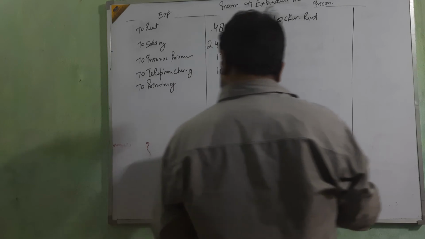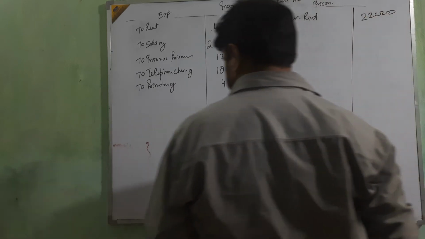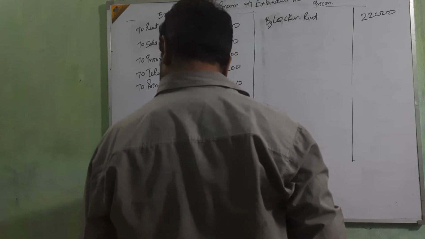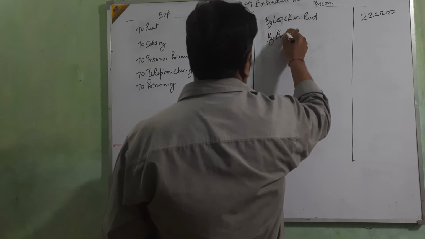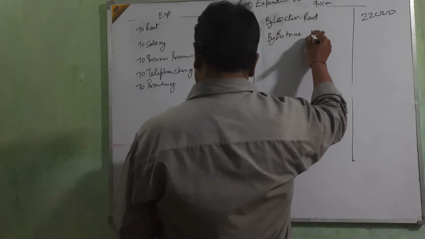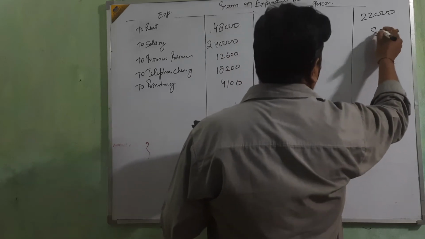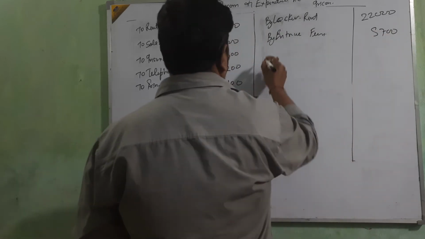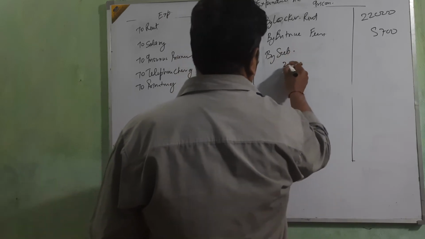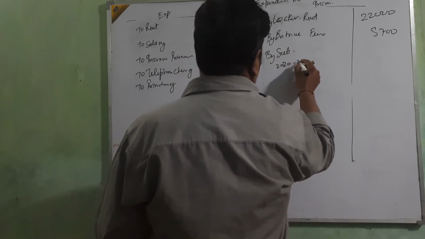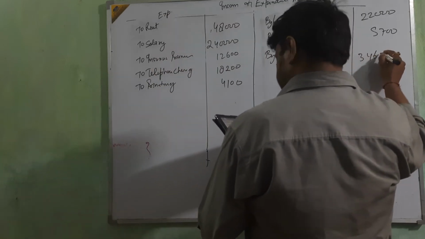Next, locker rent amount is 22,000. Next, entrance fee 5,700. Then subscription for 2020-21, and that amount is 3,46,000.